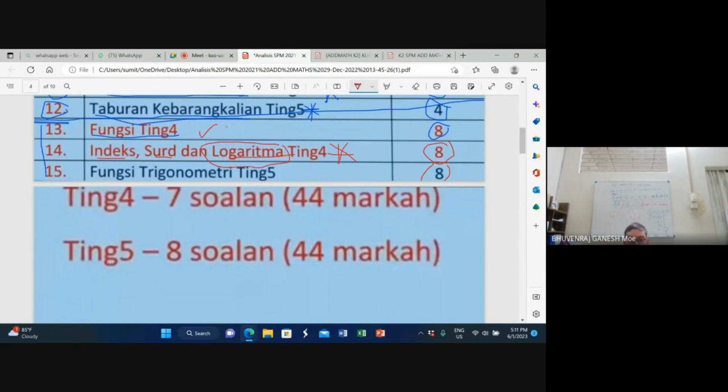Okay, then this is a tough chapter: trigonometric functions. This one you didn't learn, so I better put a star here as well. This one is chapter 6 of Form 5. I will consider this the hardest in the whole ADD MATHS syllabus because it is higher level stuff, not like what you learn in lower form maths.